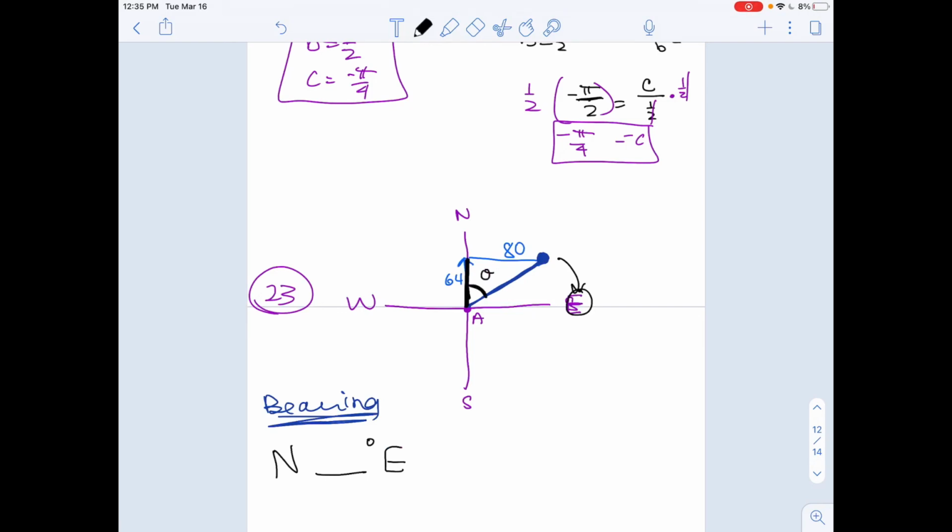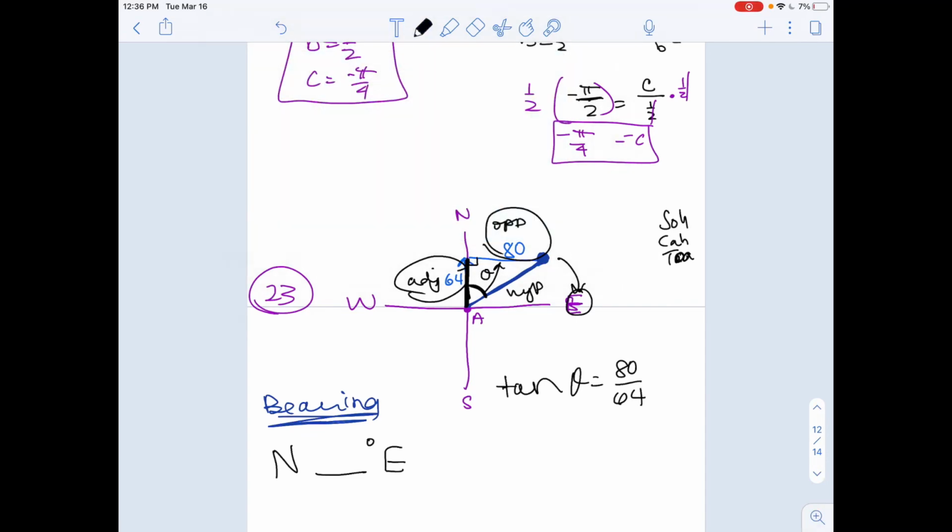Okay? So that tells me, if this is a right triangle, I'm going to use SOHCAHTOA to set up a trig function. Let's see if we can solve this. Remember, this is the opposite. Here's the hypotenuse, and here's the adjacent. So we know that the opposite is 80 and the adjacent is 64. So the tangent, which is the opposite over the adjacent, is 80 over 64.